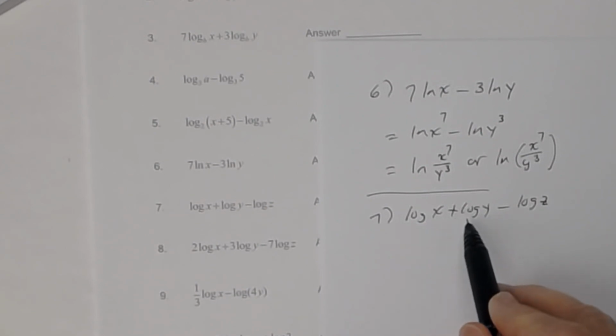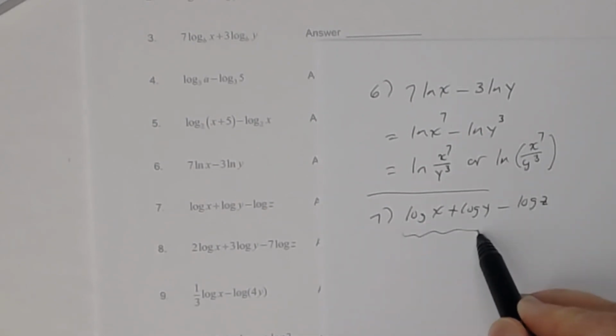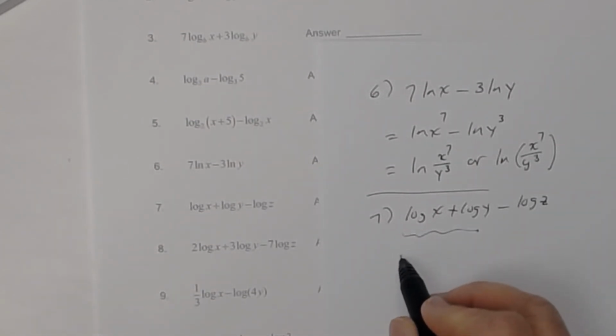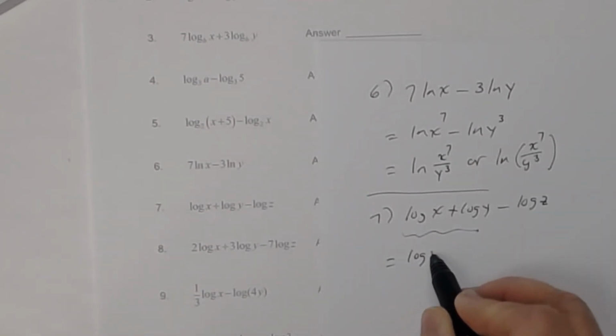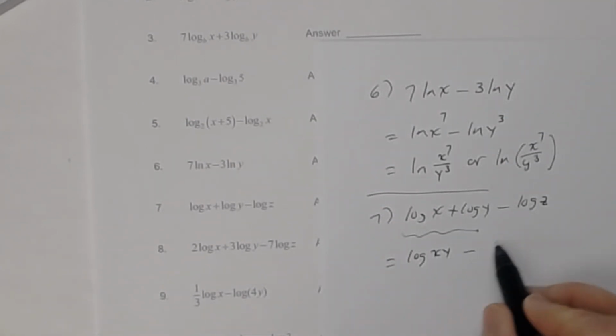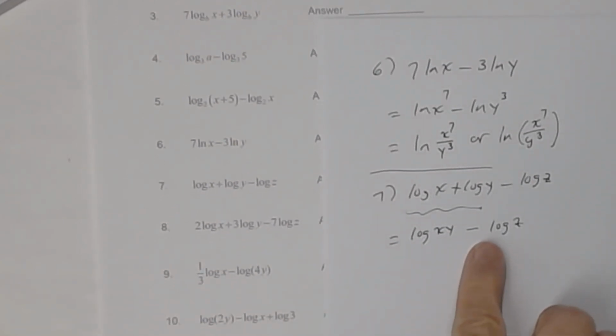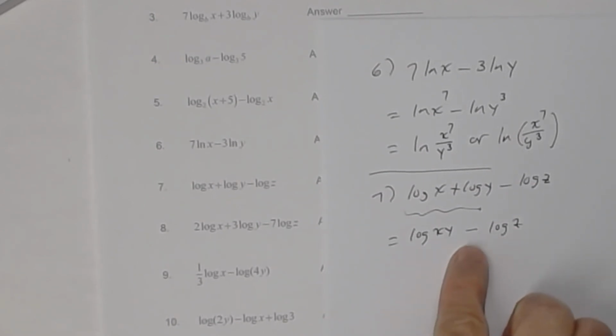And all those logs have the same base. The base is 10. So doing this one first, this becomes the log of a product. So that becomes the log of x times y base 10, right? And I'm going to rewrite this over. And now, notice I can use the quotient rule. So I'm left with 2 logarithms, same base, difference, so quotient rule.